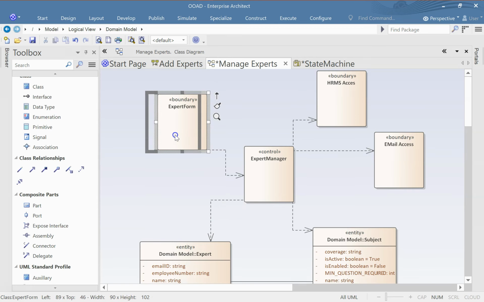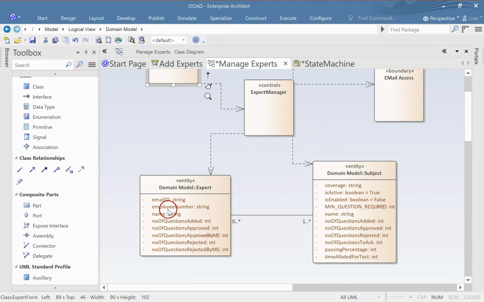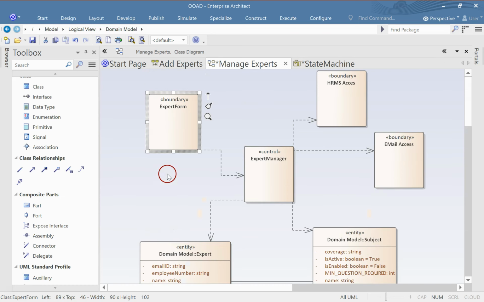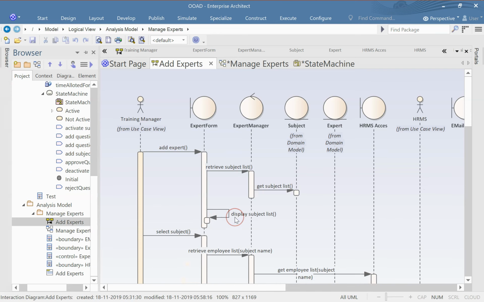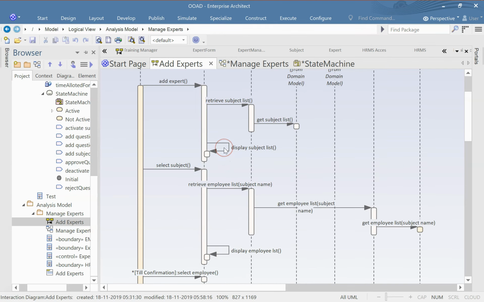Now what about expert form? Now expert form will have attributes, need not necessarily be all the attributes, right? So only the relevant attributes may be shown on the expert form, only those that are really required. In our case, if we go back to the sequence diagram, subject list is going to be displayed on the expert form.